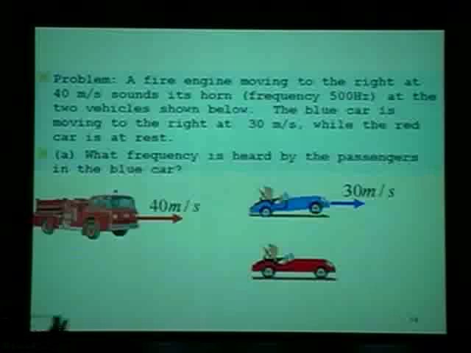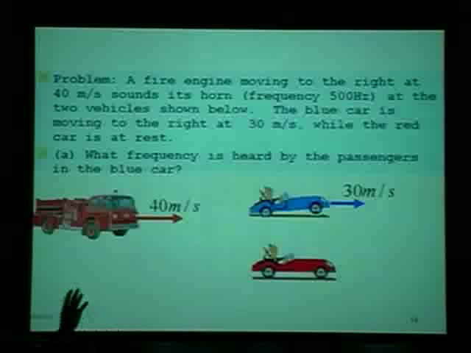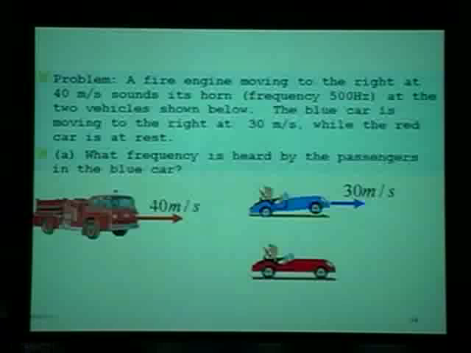The blue car is backing away, and the fire engine is moving toward. So those are mitigating, but the end result is, since they're moving closer to one another, the frequency is going up. But that's the only time you want to think that way, just to get overall intuition for the problem. Because in order to use the formula, you want to put yourself in each of their shoes.